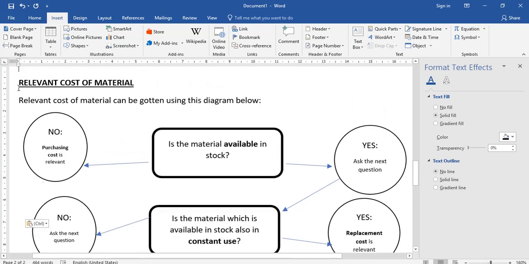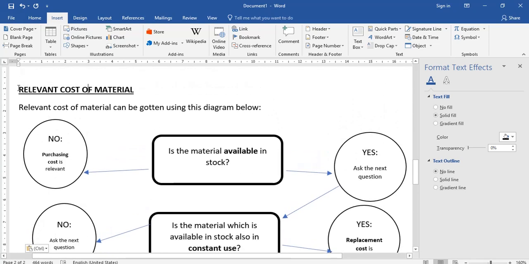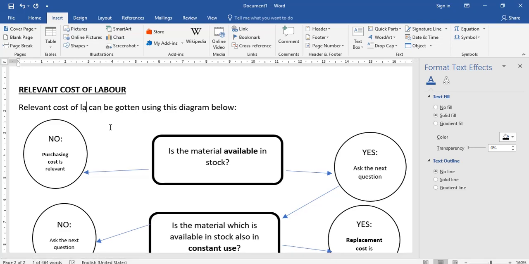So let's change this into relevant cost of labor. Relevant cost of labor can be gotten using this diagram below.